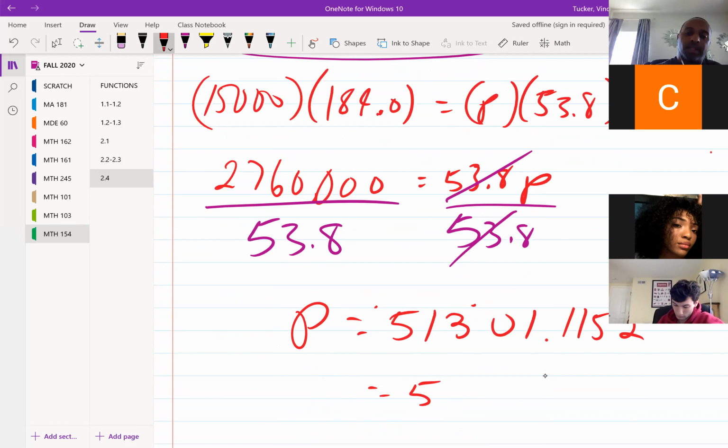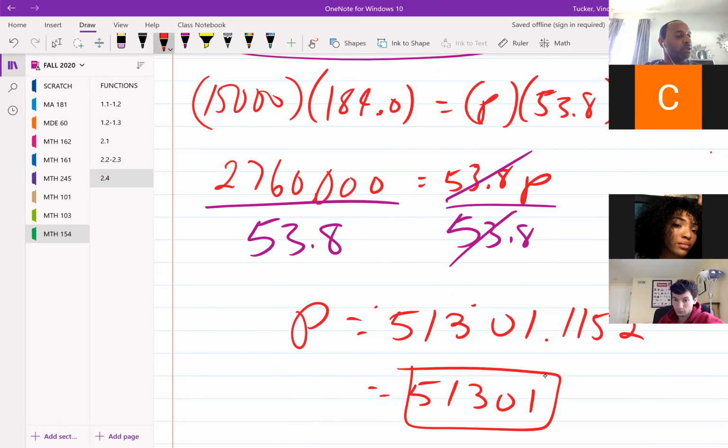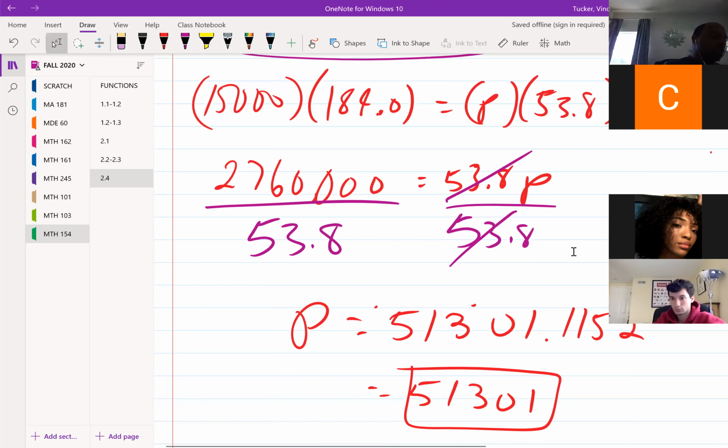And if I'm not mistaken, it said round to the nearest dollar. So 51,301. All right. Questions on that one before we do at least one more like that?